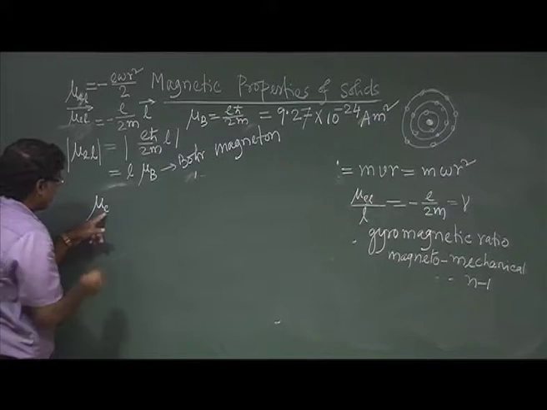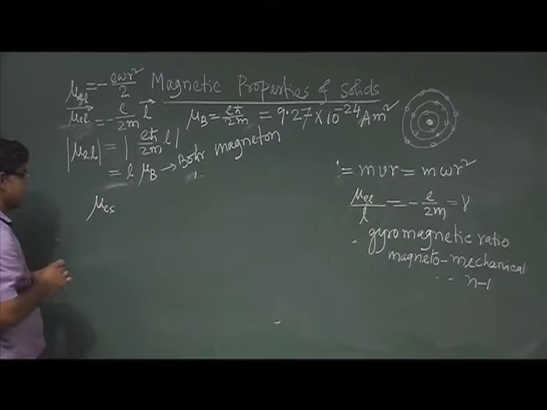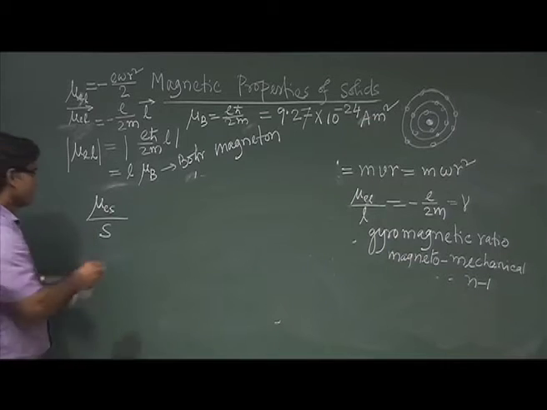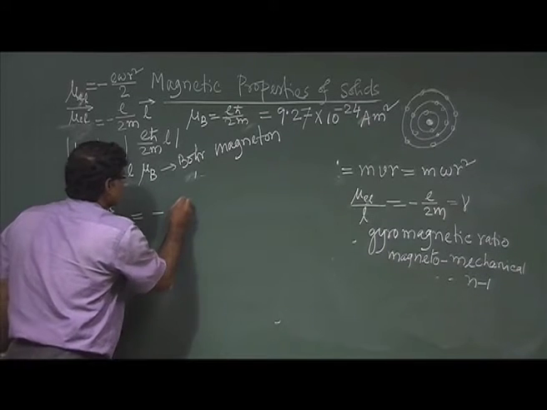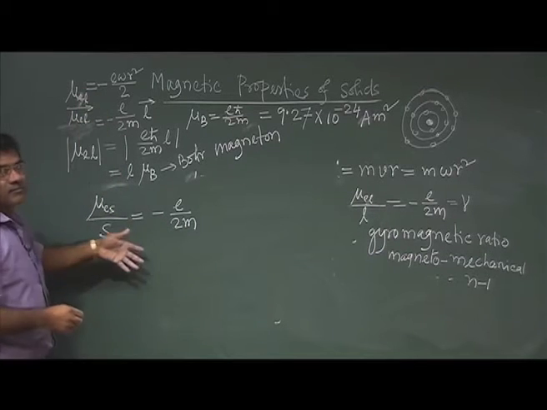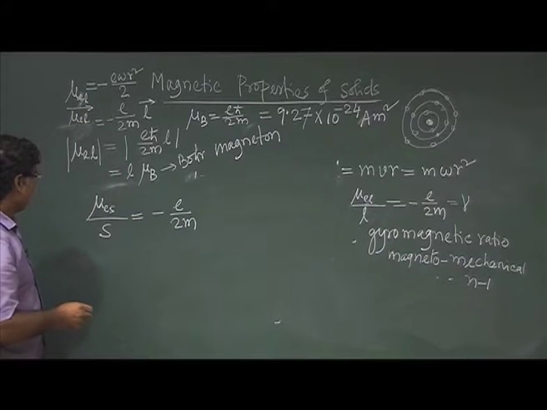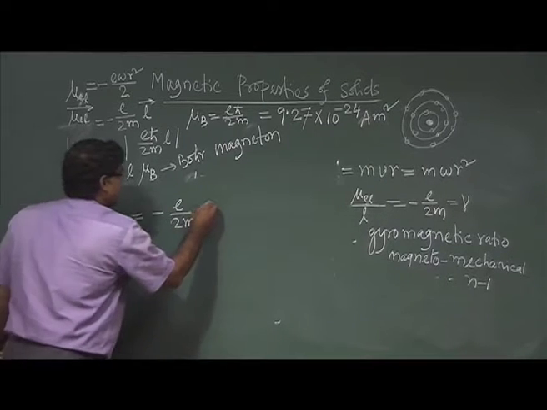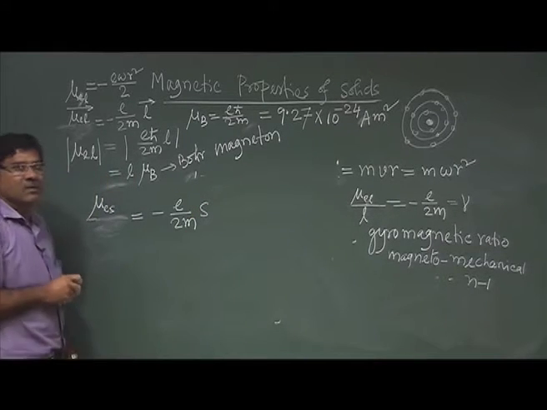magnetic moment of electron spin, mu_s, divided by s. So, it is also minus e by 2m. It also follows this same relation.